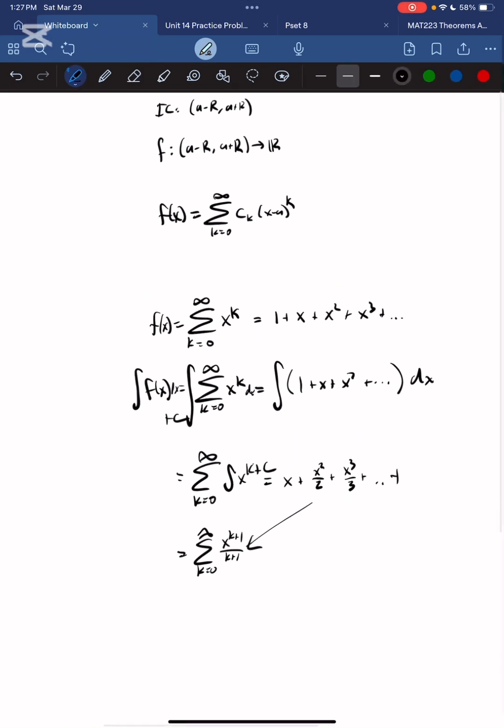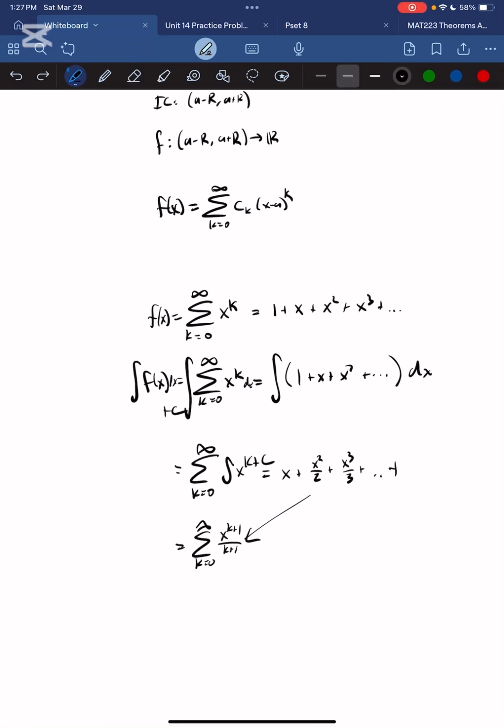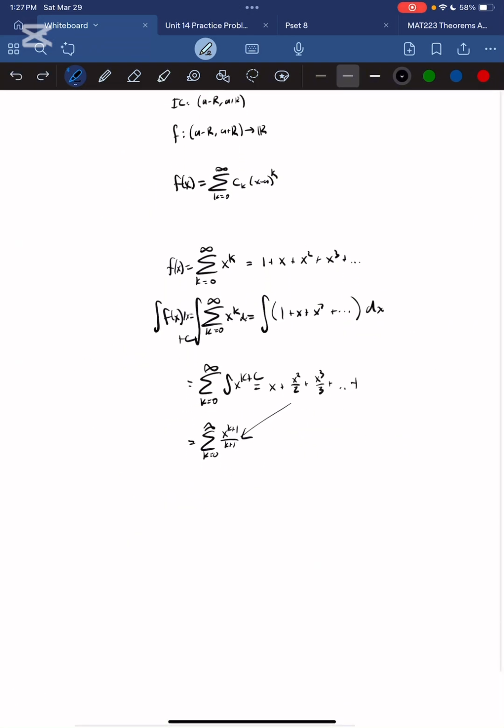And moreover, we know f has some interval of convergence, or some radius of convergence. The radius of convergence for this and when you differentiate it is also the same. So say this has radius of convergence R up here; this also has radius of convergence R. The only difference is that at the endpoints, it could be different.